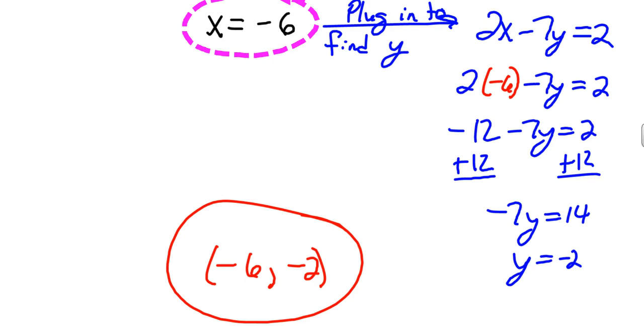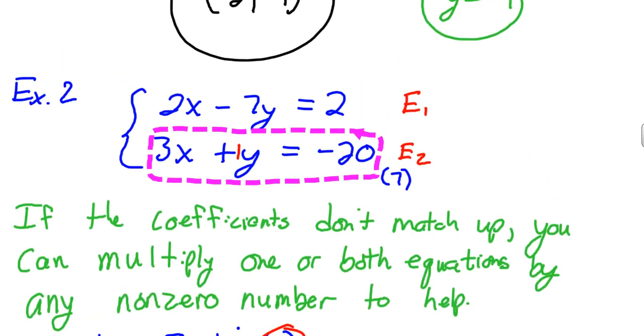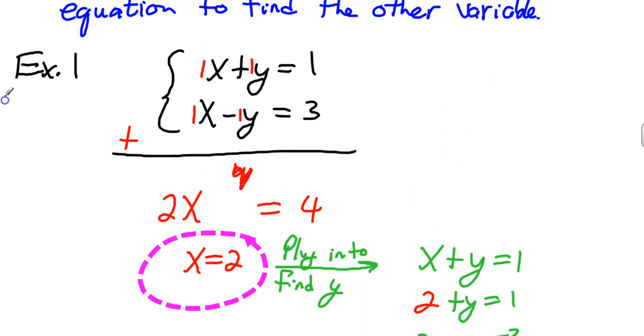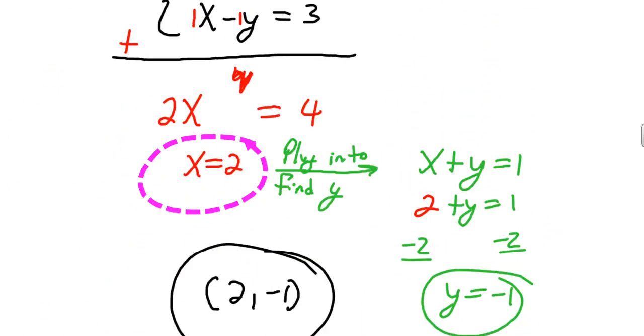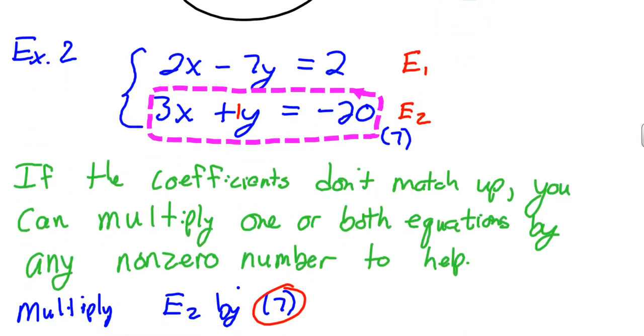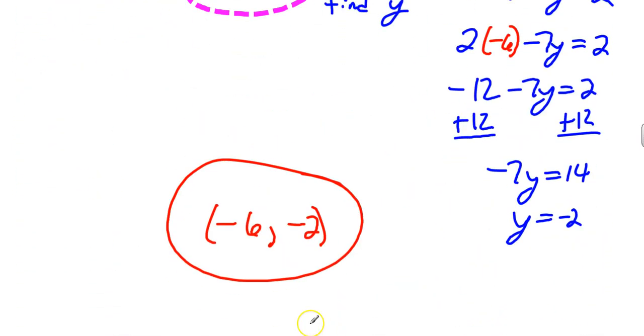Okay, so there's some where you may just have to multiply. The first one we had, you don't have to do anything, just combine the like terms. This one we had to multiply one of the equations by 7. Let me show you one more here real quick before we get to them. There's two more I want to look at, but let me get you one more.